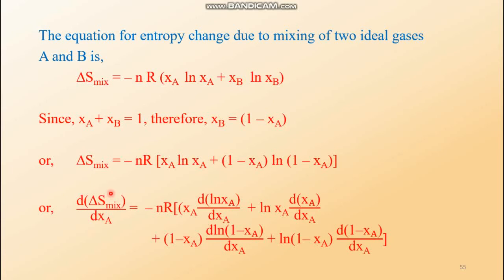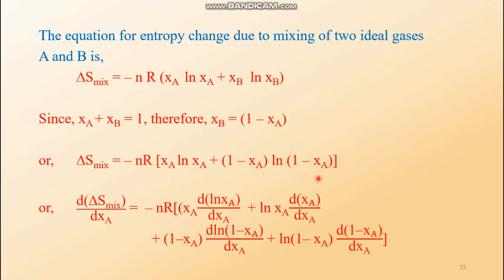So let us first find the result after differentiation on the right hand side. Here there are four terms. XA is the first term, ln XA is the second term, 1 minus XA is the third term, and ln of 1 minus XA is the fourth term. The first and second terms are multiplied with each other, plus the third and fourth terms are multiplied with each other. So what is the rule for differentiating a product of two things? Suppose you have to differentiate A times B with respect to x.